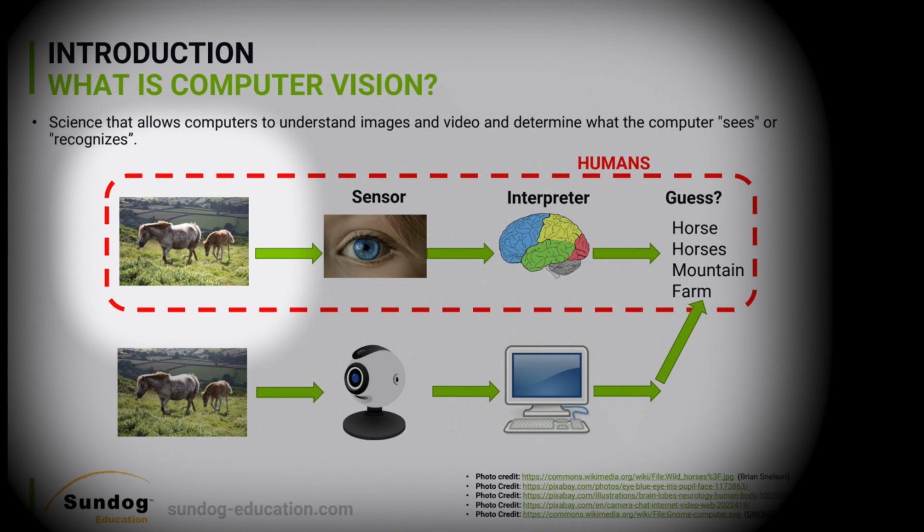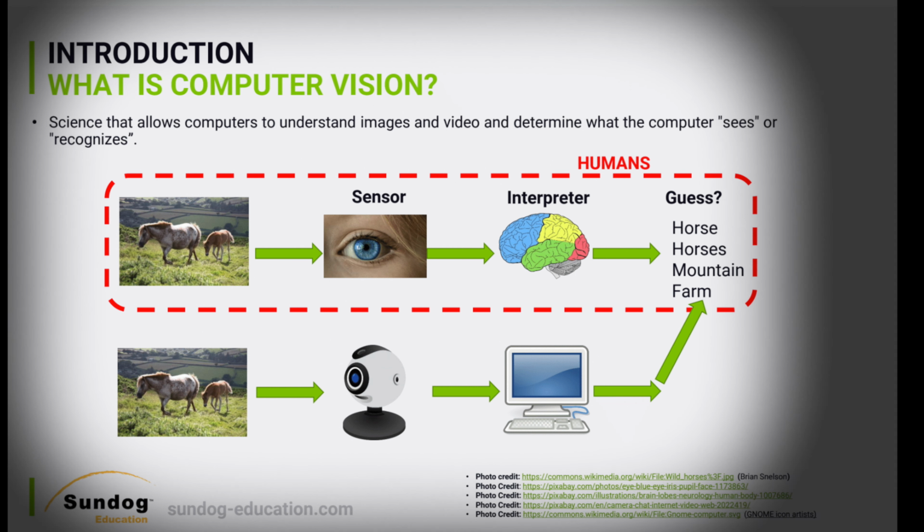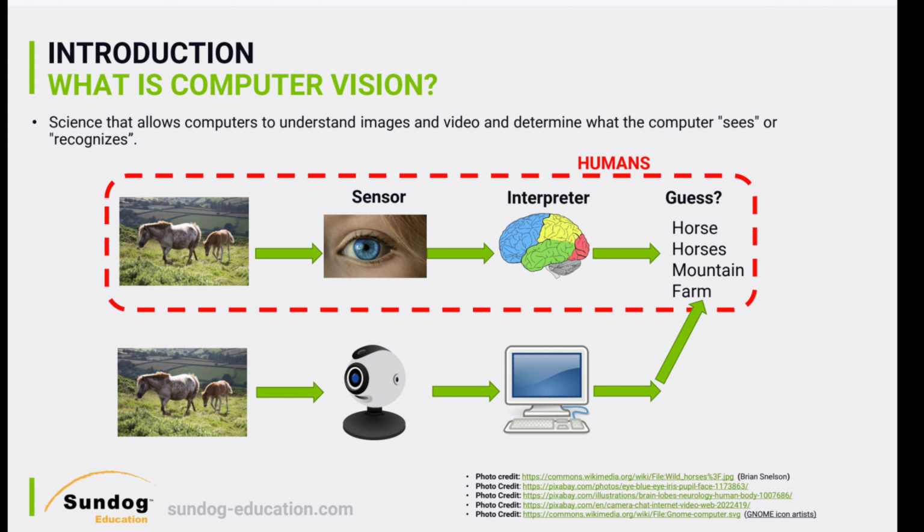The sensors that we use obviously are our eyes, and then all the data is sent to our interpreter, our brain, in our cortex, that can specify what we can actually see, and classifies, for example, what we can see in the image and tells us its guesses. So it might guess, okay, we're seeing a horse, or maybe horses, a group of horses together, or maybe a mountain, and maybe a farm, maybe all of them together, and so on. All right, and that's how humans in general perceive, understand, see, or recognize objects within an image.